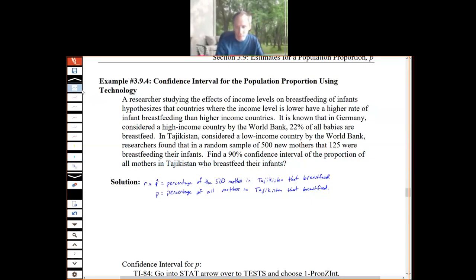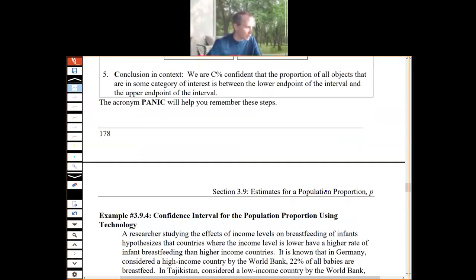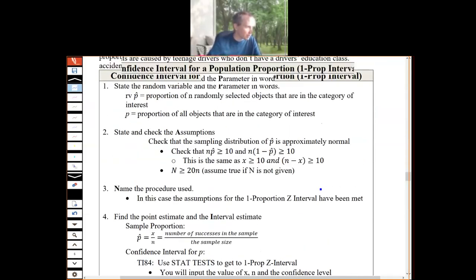What we're interested in is what percentage of all mothers in that country breastfeed, so that we can test this hypothesis that this researcher has. So that's a thing to keep in mind. The parameter is looking at everyone in the population, which is the question we're really interested in. The random variable p hat is looking at the percentage in the sample, which is the data that we actually have. Okay, let's go back to our reference to look at what the next step is.